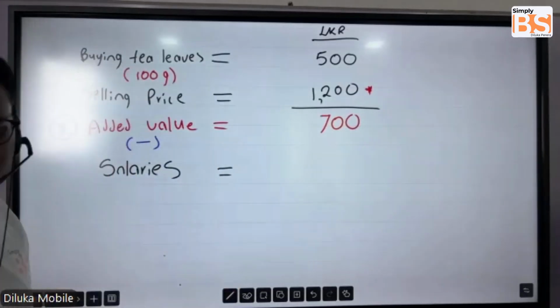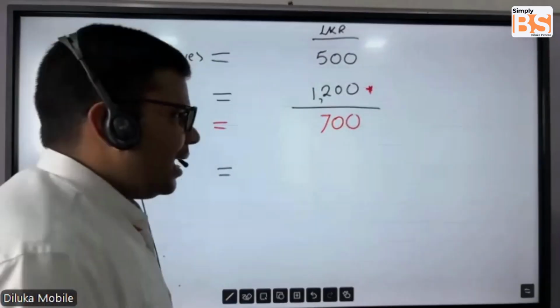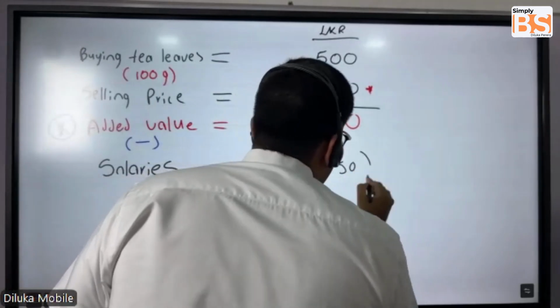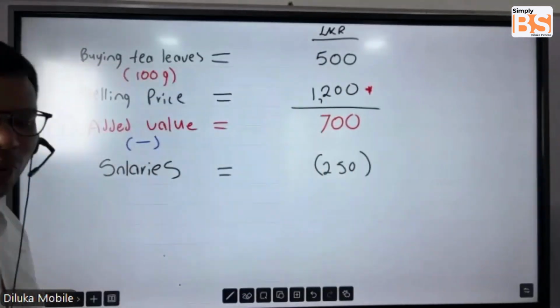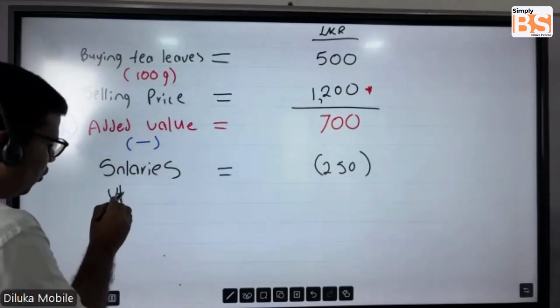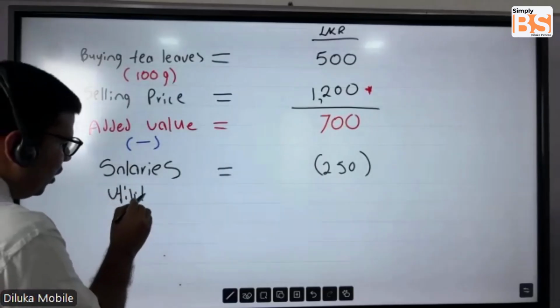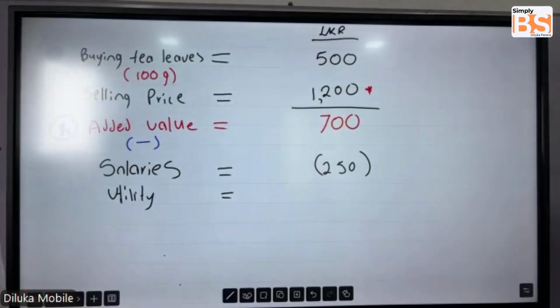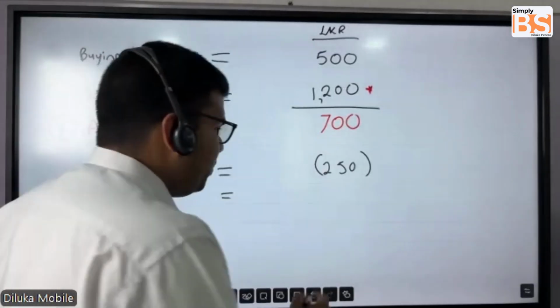Okay. Let's assume 250 rupees. I'm just assuming, okay, don't worry. 250, right? What else? Utility expenses, right? Let's assume 100 rupees.